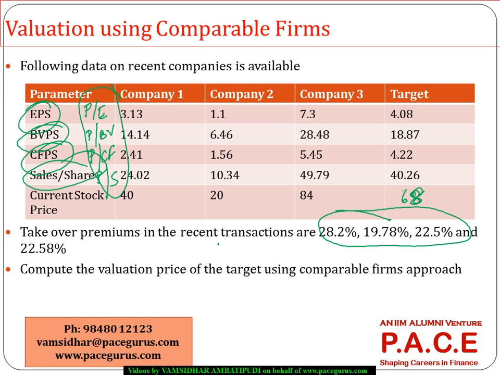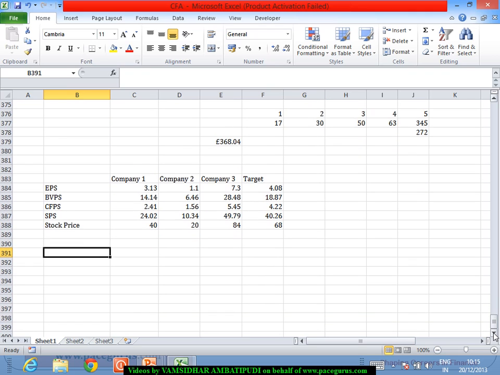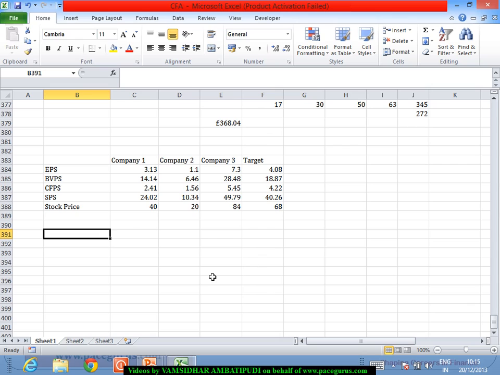So probably the firms which are more or less in a similar kind of business, similar kind of operations, if at all I am able to find, then I can directly take them as the comparable companies. And then now that I have a lot of information regarding their EPS and all those stuff, all I will do is I will get into the computation of the comparables.